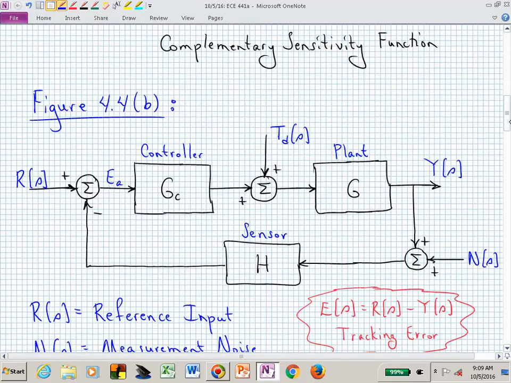But I want now the transfer function between T sub D and Y. And I have already given you the answer, so I want you to show me the steps to get to that answer.